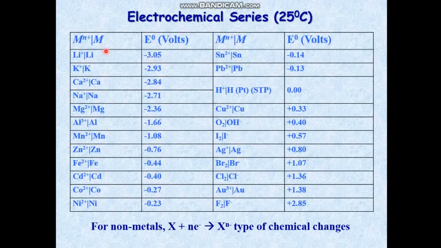The comparatively weaker metal is potassium, which is placed next to lithium. This way the electrochemical series has been made. And for the non-metals, the sign is positive. So when should the sign be negative, and when positive?